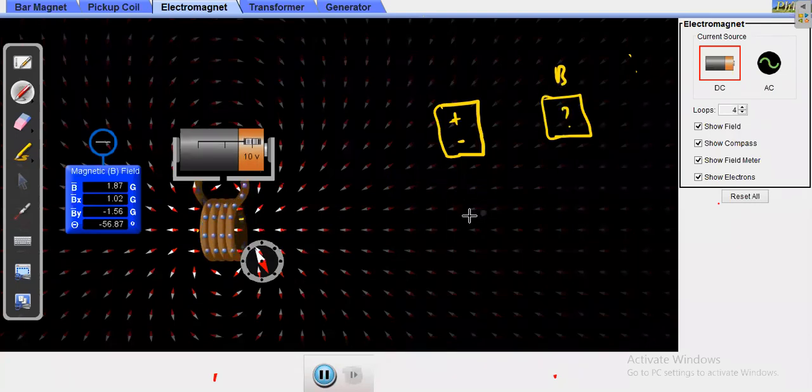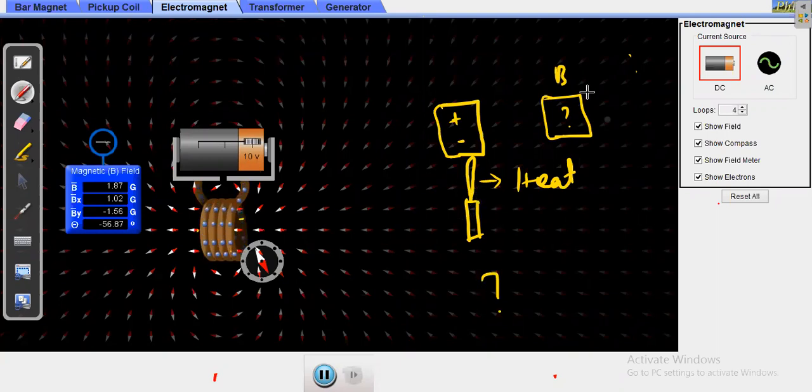Now what I am going to do is, you take a candle and give heat energy to the small piece of magnet for about 2 to 3 minutes.